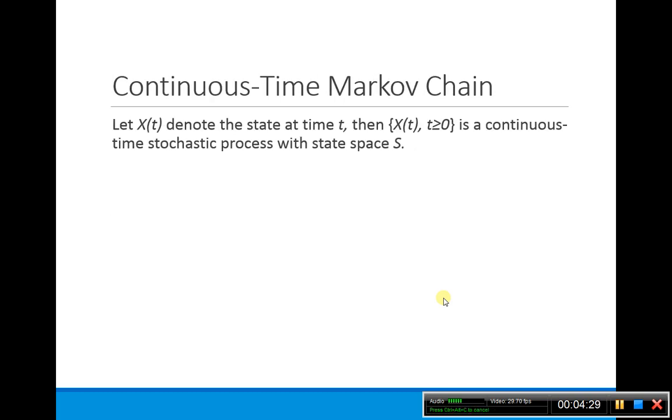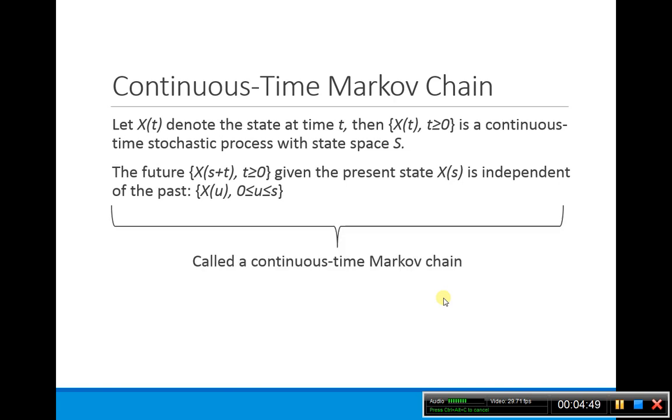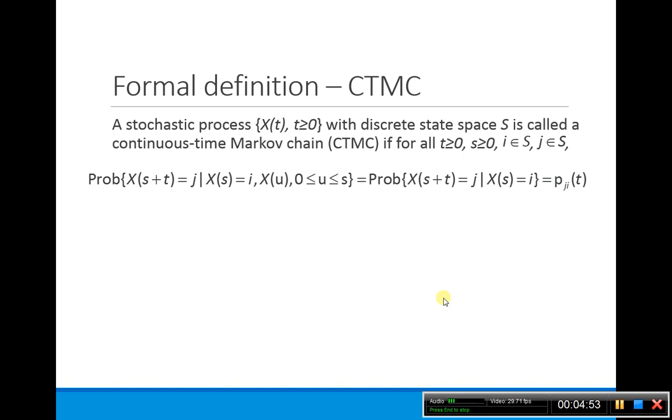Okay, so let X(t) denote the state at any time t. So again, we have a continuous time t greater than or equal to 0. It's a continuous time stochastic process with state space S. We assume the future, X(s+t), given whatever it is now, X(s), is independent of the past. So this is what we call a continuous time Markov chain.